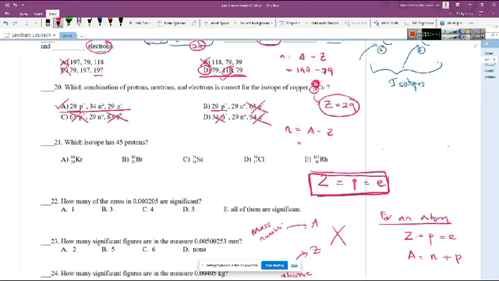The upper number, the superscript number, minus the subscript number. So here 63 minus 29. What is the answer?